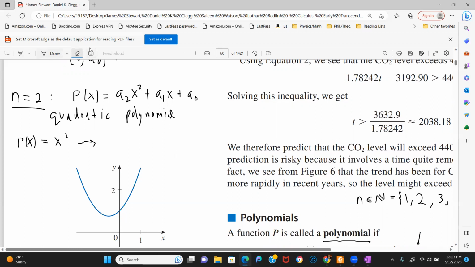Let me try doing a little bit better. The reason you only need to remember just the x squared case is that any other quadratic polynomial is just going to be some transformation of this basic polynomial.